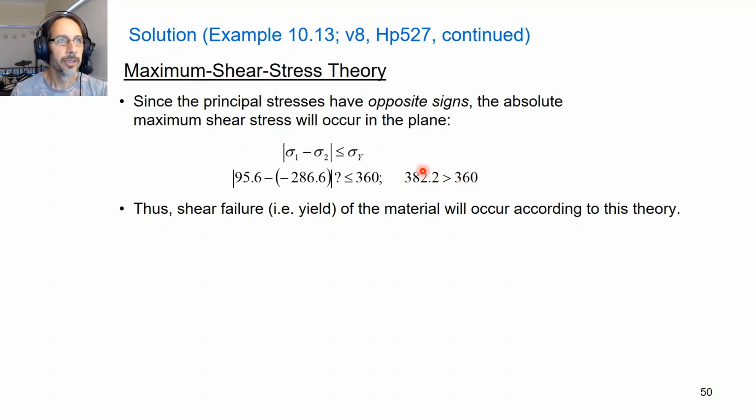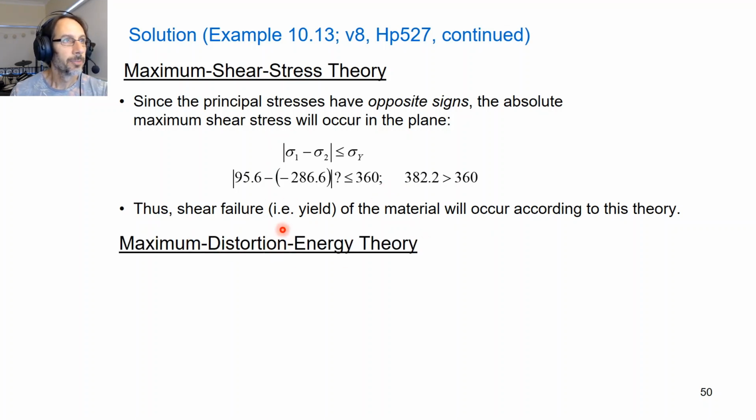So the maximum shear stress theory predicts that yielding has just occurred. Note that both of these principal stresses are way less than the yield stress, yet we've still predicted that yielding has occurred. All right, so let's apply the maximum distortion energy theory.